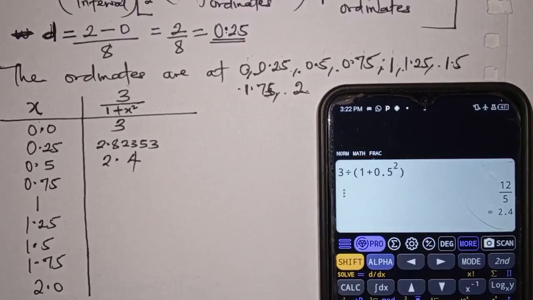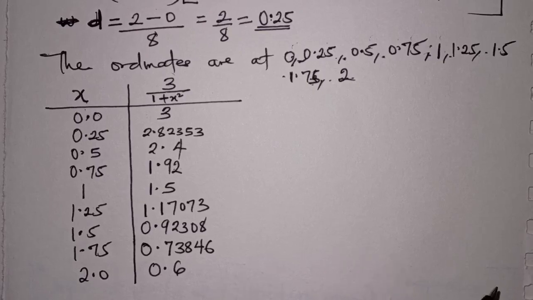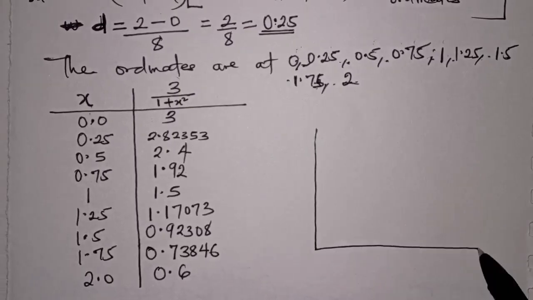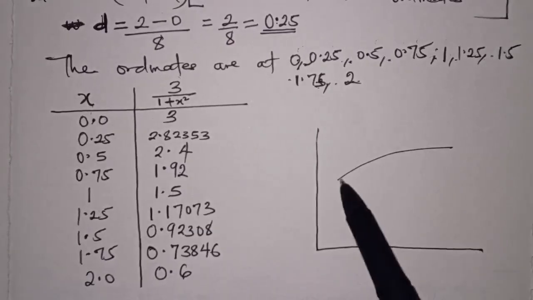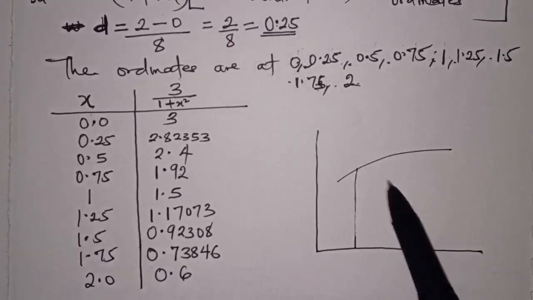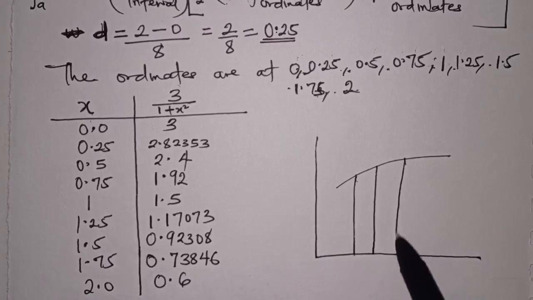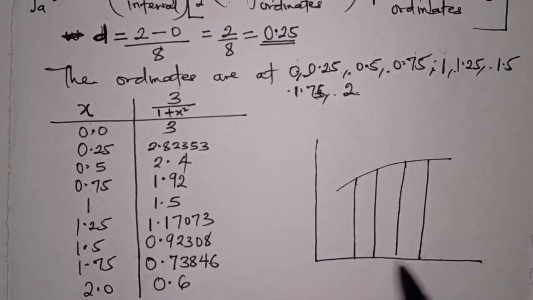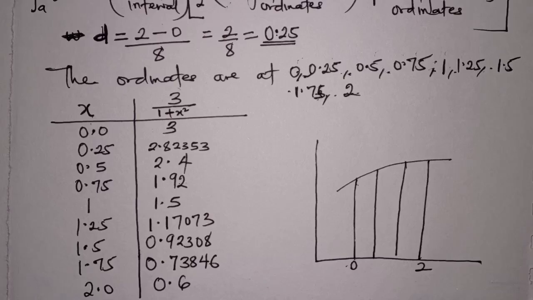So if I do the same for all others, what this actually means is that if I should draw a graph, let's say this is the curve function. Then we have the y-ordinate, and it is from 0 to 2.